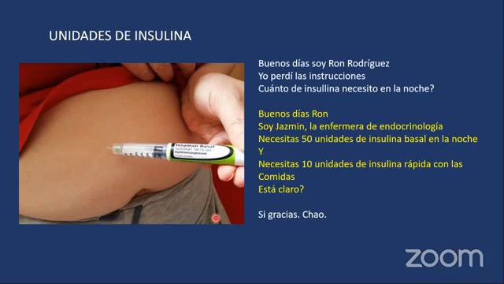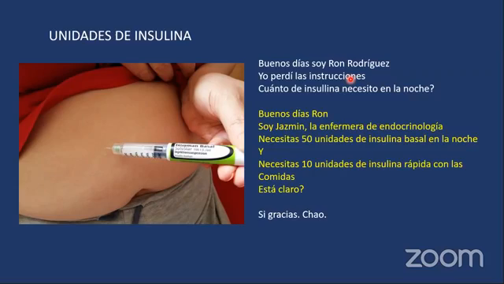So let's go back and let's see what's happening here in English. Follow the pointer. Good morning. I am Ron Rodriguez. Buenos días. Yo soy Ron Rodriguez. I lost the instructions. That is very common too, right? So I think everybody will feel the pain right now. Yo perdí las instrucciones.